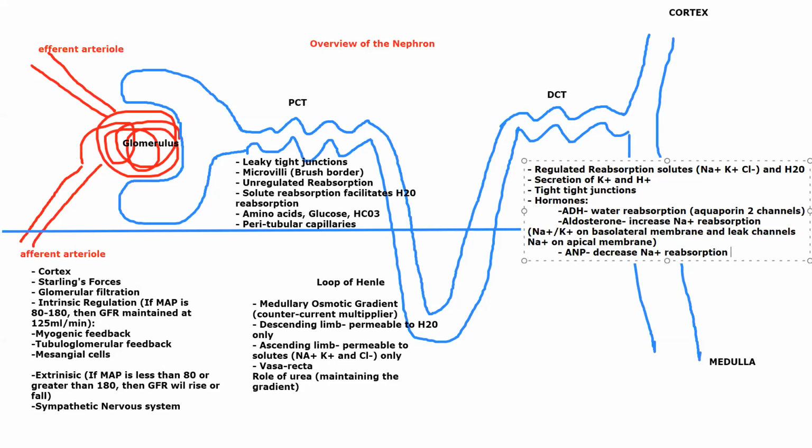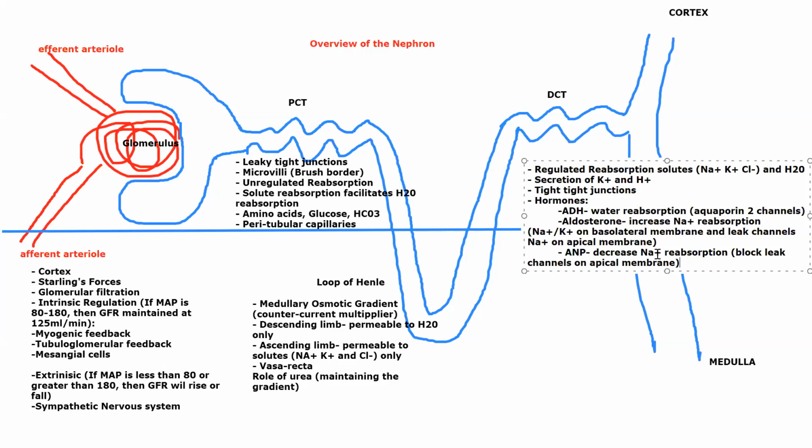And the way that we do that is by blocking the leak channels on the apical membrane only. Okay, so these are the three hormones that influence the reabsorption taking place in the distal convoluted tubule and the collecting duct. And these are how these three hormones regulate the reabsorption of water and sodium.